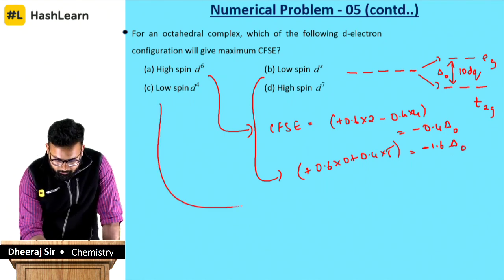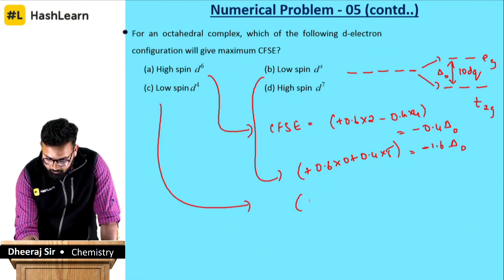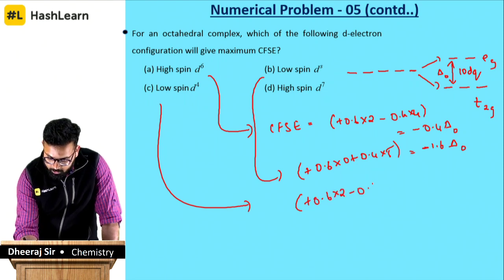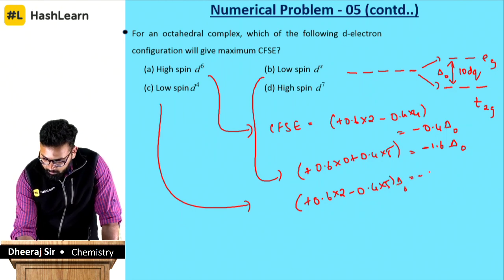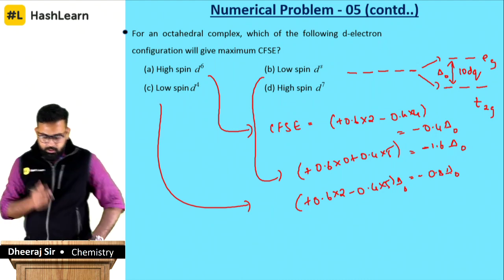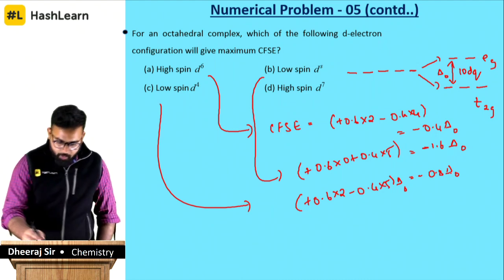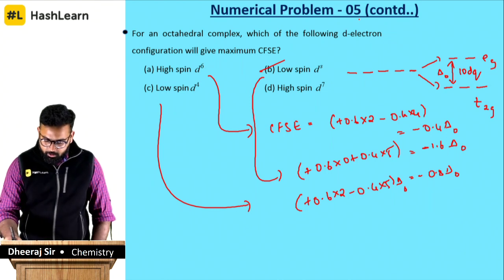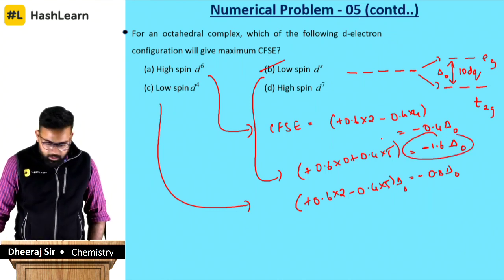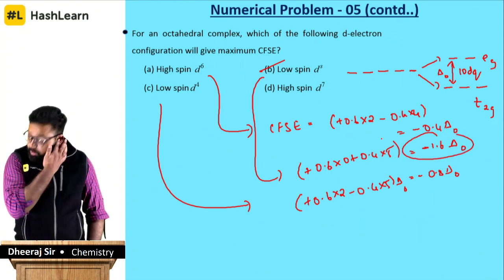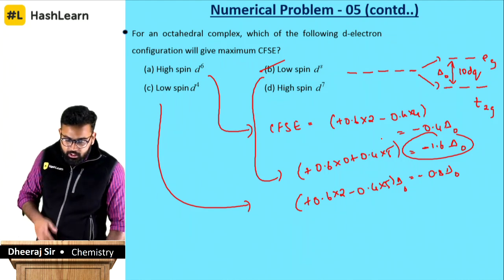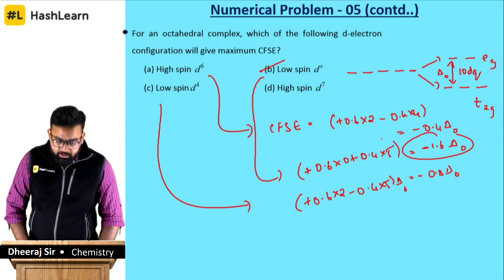Third one, plus 0.6 into 2 minus 0.4 into 5 delta naught, which makes it minus 0.8 delta naught. So if you have a look at it, you will understand that option B is the answer because it has the maximum value, minus 1.6 delta naught. So it has the highest CFSE value.